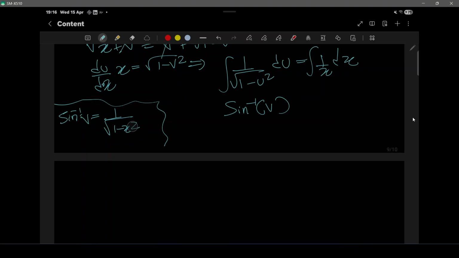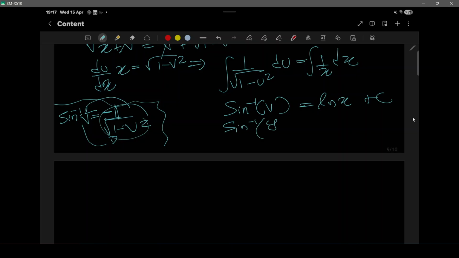So the integration of 1 over square root of 1 minus v squared is sine inverse v. If there were a minus sign here, it would be cos. So this is equal to ln x plus c. So sine inverse v, which is y over x, equals ln x plus c. So we are done.